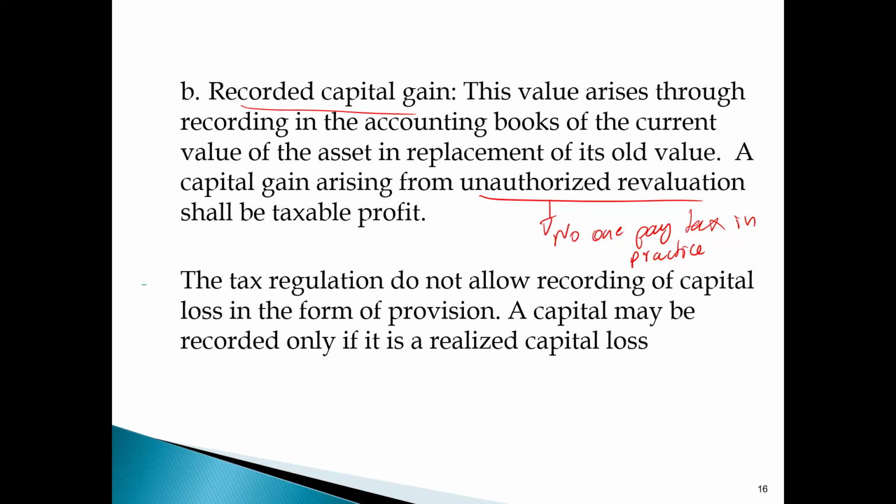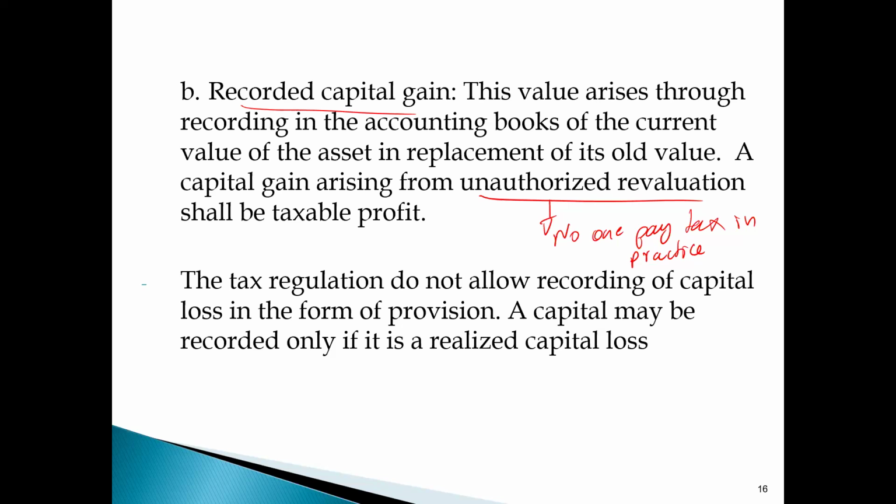So now you can see the two tax provisions contradict each other. As a general principle, taxable income is only realized income from all types of operations, including capital gains. But in the Law on Tax on Profit, we see another provision saying an unauthorized revaluation is taxable.